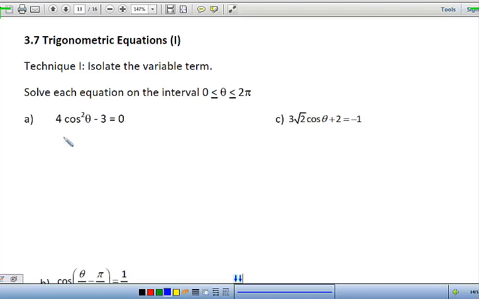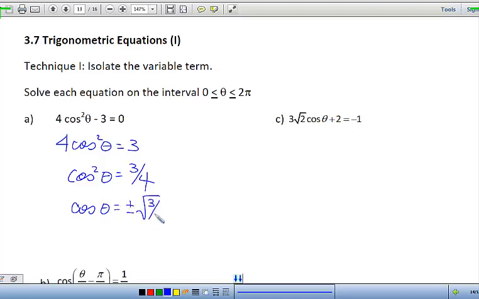So we get 4 cosine squared theta equals 3, or cosine squared theta equals 3/4. Cosine theta then is going to be plus or minus the square root of 3/4. And then if I reduce that, we get cosine theta is equal to plus or minus square root 3 over 2.